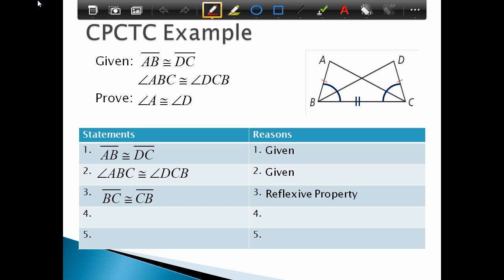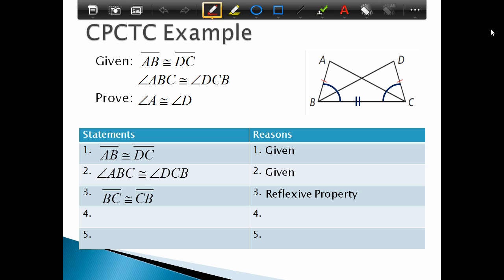If you look here, we know that AB is congruent to DC. That's our first statement. And AB and BC are your two pairs of sides that are congruent to DC and CB, and you have the angle in between them. So we're dealing with two sides with the included angle.